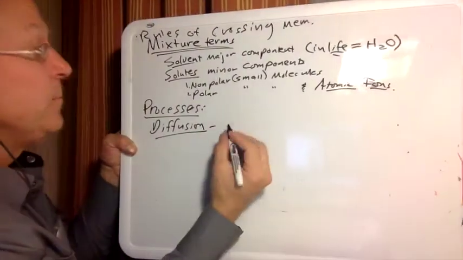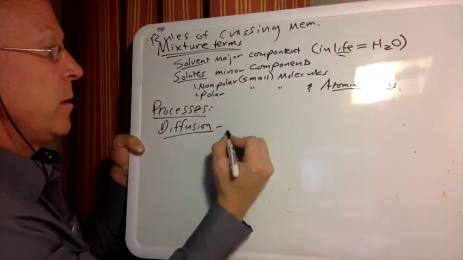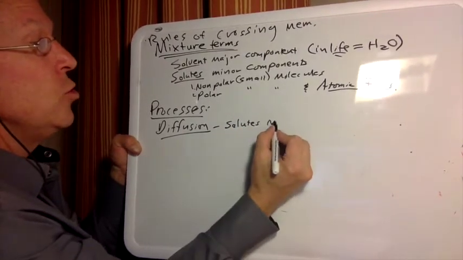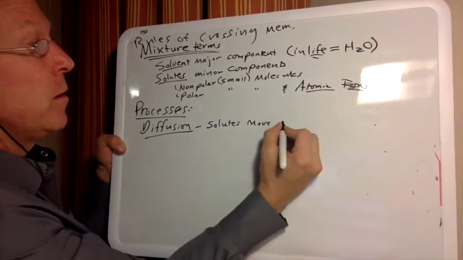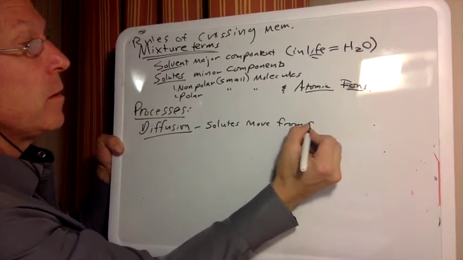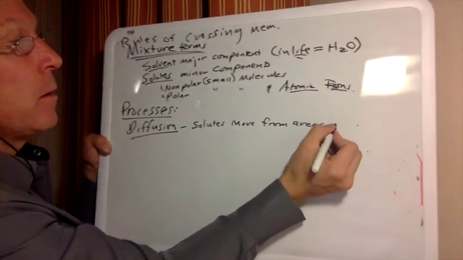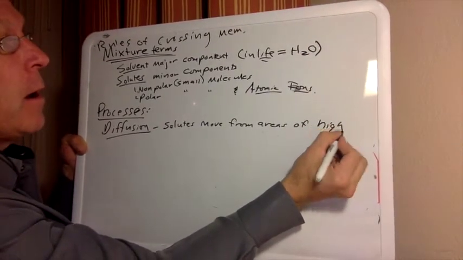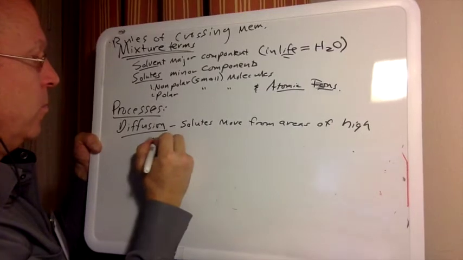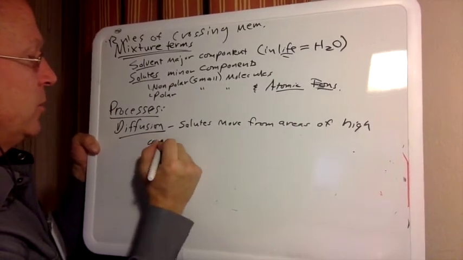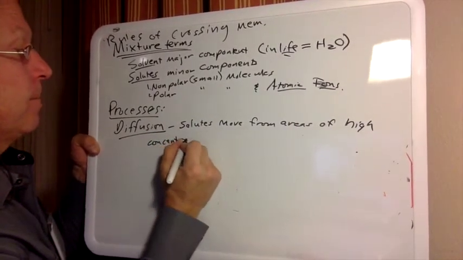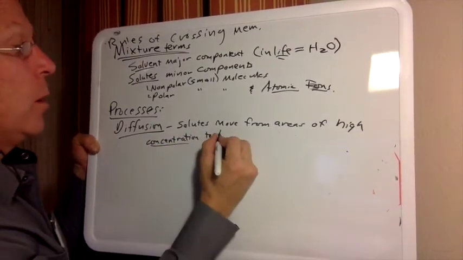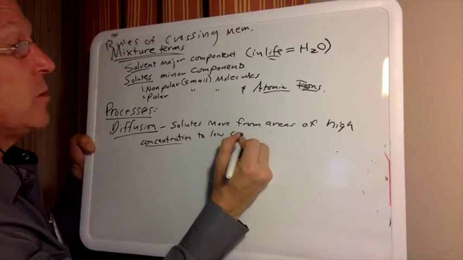So diffusion is going to be defined as solutes move from areas of high solute concentration, I'll say high concentration, to low concentration.